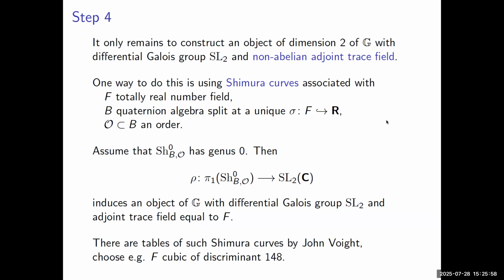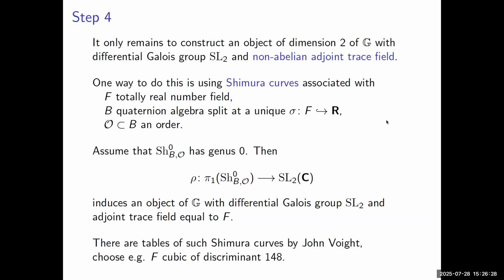If it is Galois, the Galois group will be the cyclic group of order three. And if it is not Galois, the group of the closure is going to be S3. How do you distinguish these two cases? You need the discriminant to be a square or not. So if you have a cubic F with a discriminant which is not a square, for example, 148, then F is non-abelian, and then you get an example.